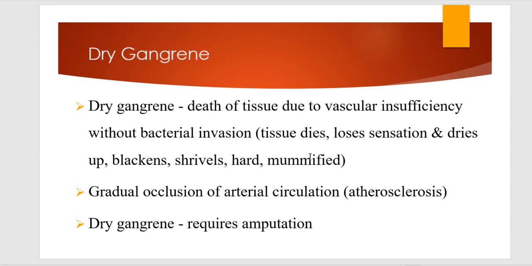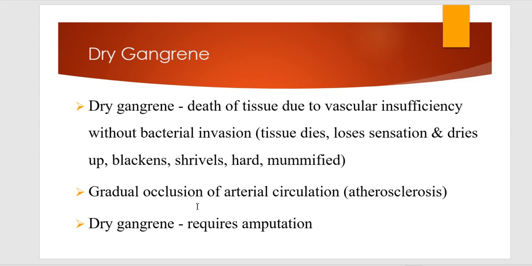What happens to the tissue? Tissue dies, loses sensation and dries up, blackens, shrivels, it becomes hard and mummified, right? And there is gradual occlusion of arterial circulation as seen in atherosclerosis, one of the examples.